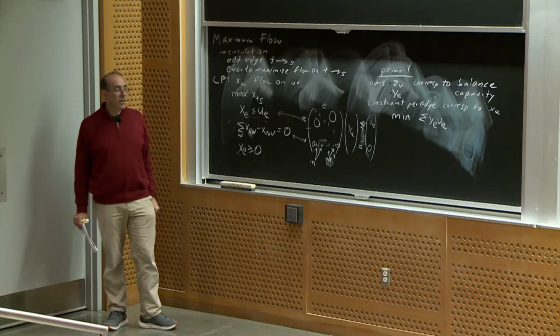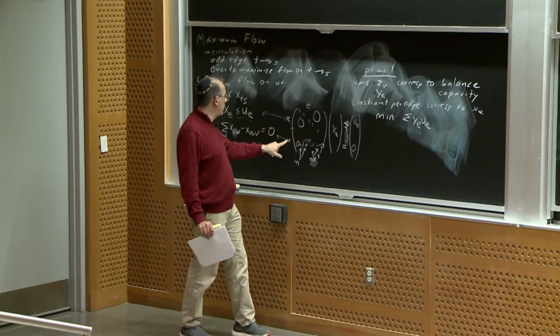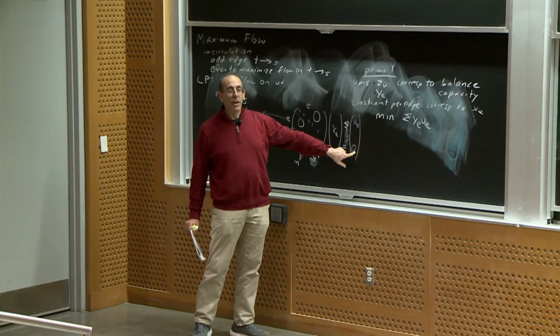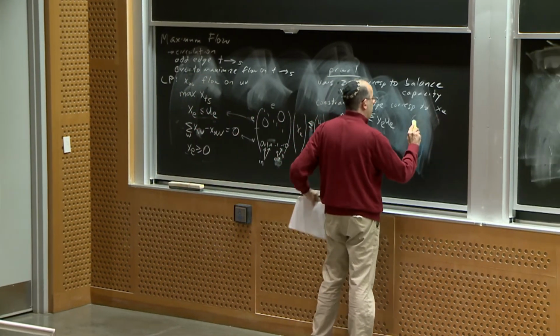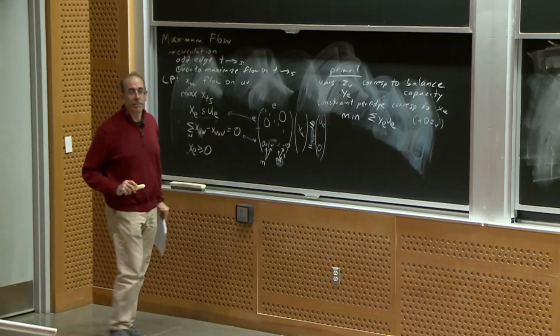Yeah? 0, right? Again, the Z sub V variables correspond to the balance constraints, which have bounds of 0. And so you multiply 0 times all the Z sub V's, so this doesn't even show up in the objective function. Okay.